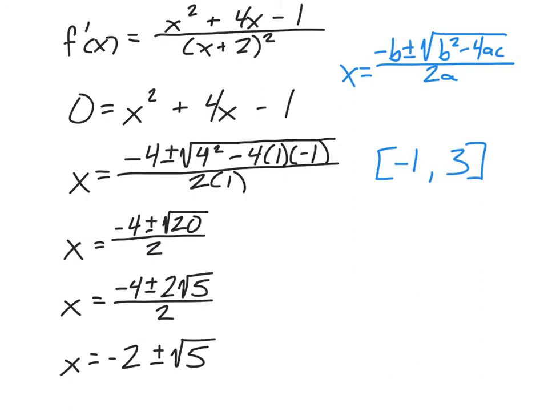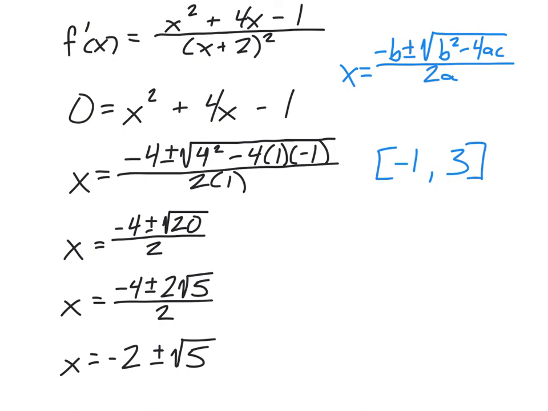I'm not saying that's exact, but it's giving us a guess and a place to go from. So negative 2 minus 2.2. That gives us about negative 4.2, right? Is that in our interval? Nope. Okay, what about negative 2 plus 2.2? Would that be in our interval? Well, that would give us a positive 0.2. So yes, that would be in our interval.